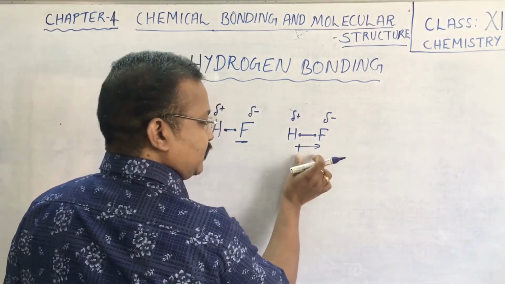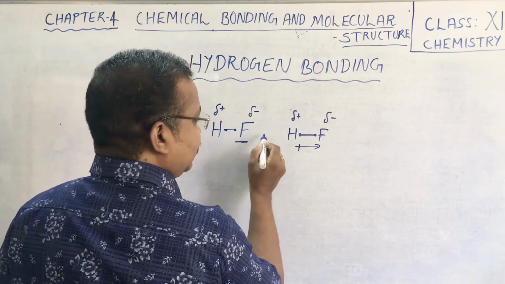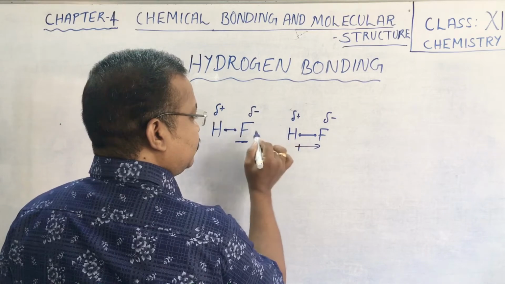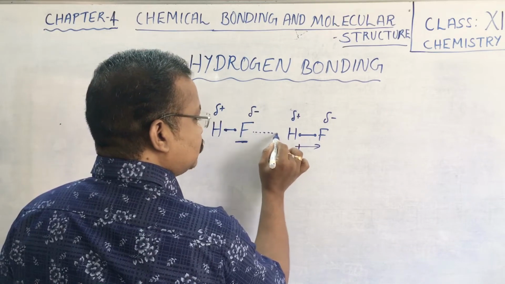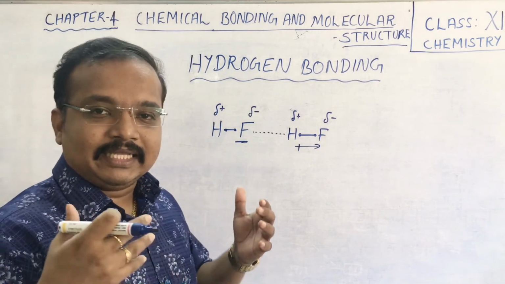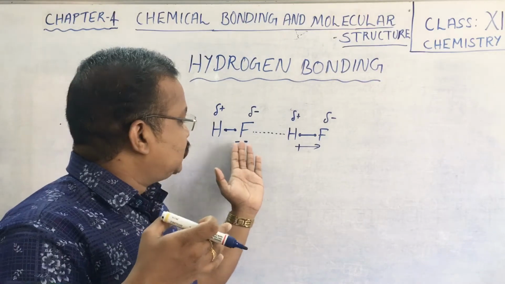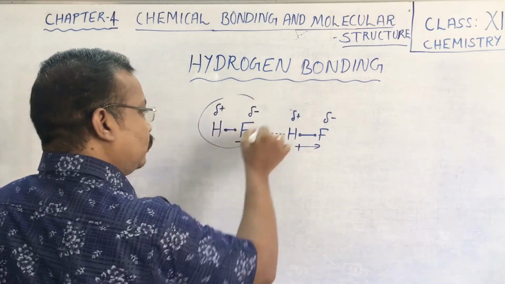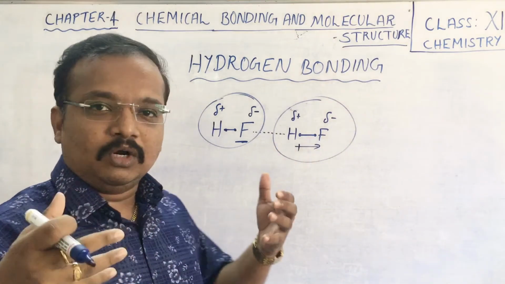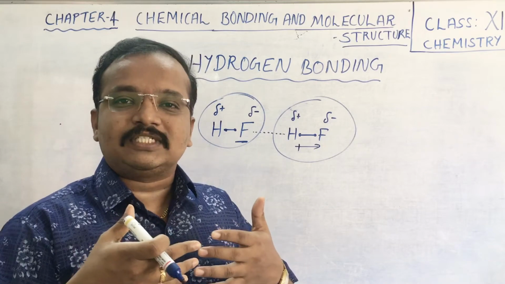This we represent in order to show the dipole moment. Now the positive and negative terminals will have some sort of interactive forces. Some sort of attractive force comes in between these two molecules. This is one molecule as a whole, and this is another molecule as a whole. So in between the molecules some sort of attractive force is generated.